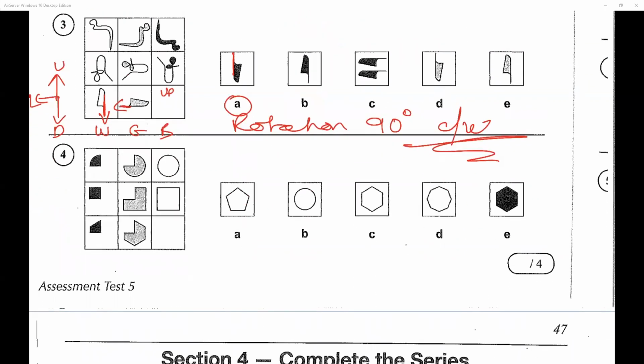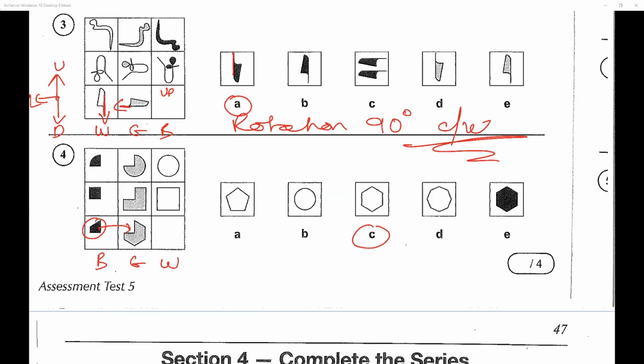Question number 4, please. Go, Harim. C. So we're going from black to gray to white. Explain why it's C. What we're doing with this section is getting the piece that's been cut out and putting it back into the shape.